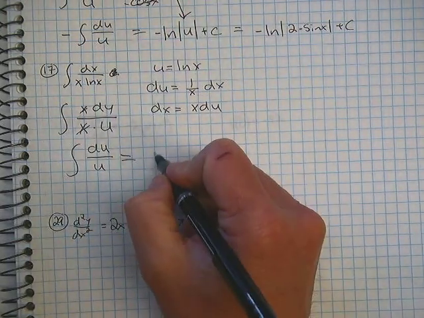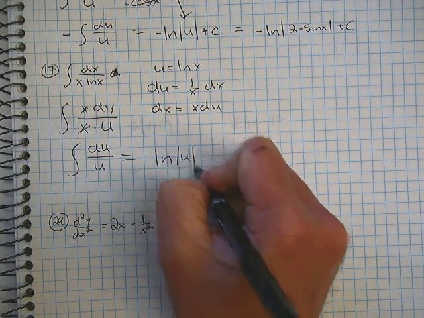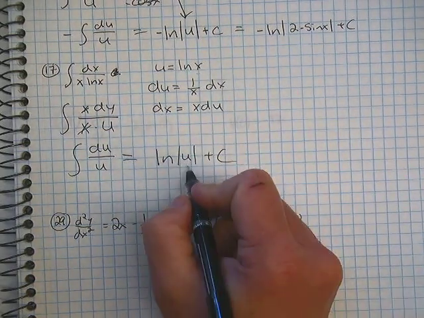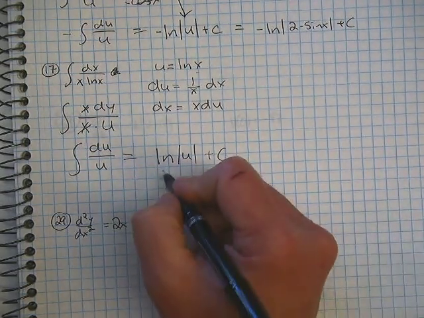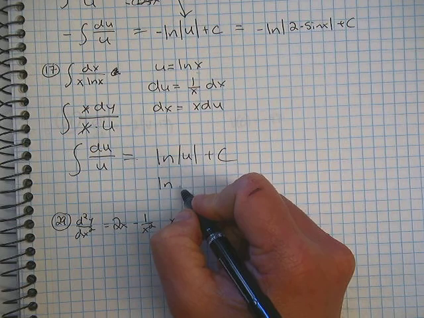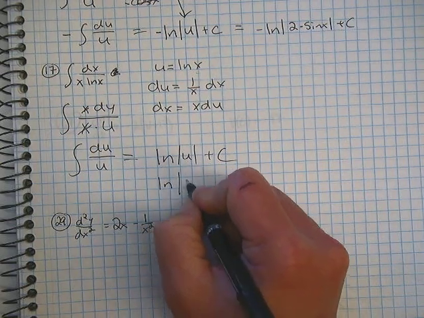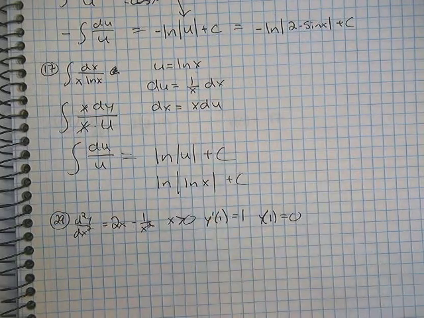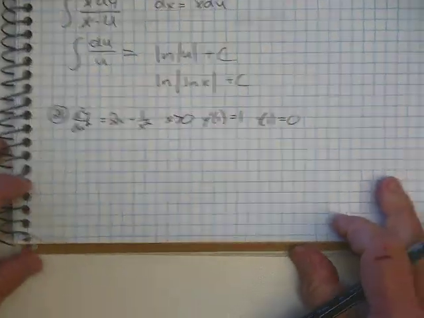You have to trust that it's going to be right. You've done everything correct so far. The antiderivative of this is the natural log of u plus c, and in this the u is the natural log of x. A lot of people right here get freaked out and go, oh, there's no way it could be that. But the actual answer is the natural log of the absolute value of the natural log of x, because that's what u is, plus c.